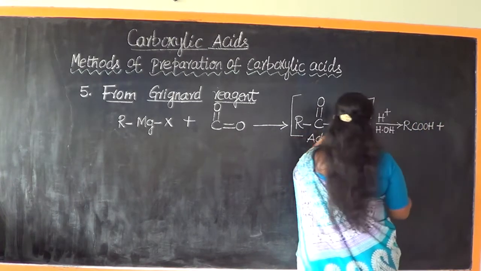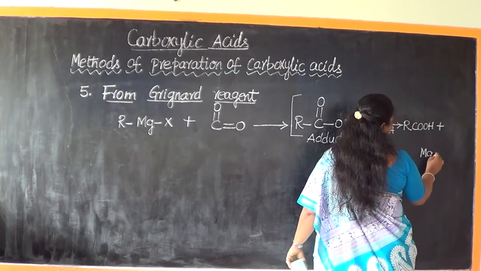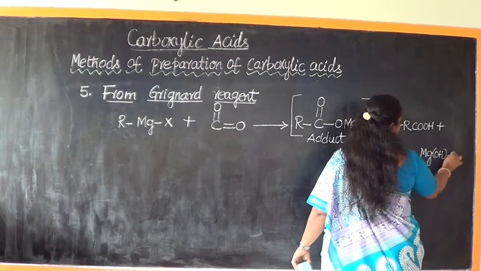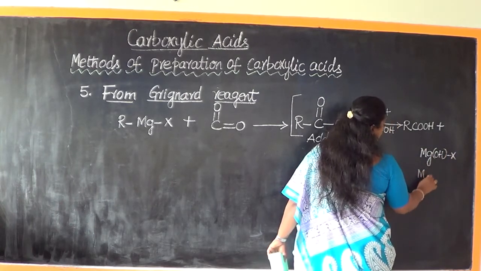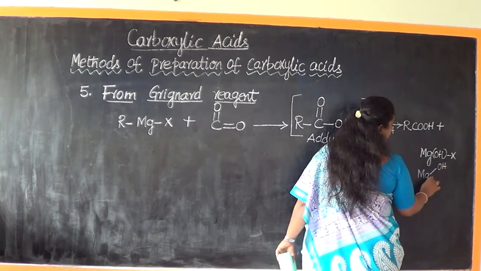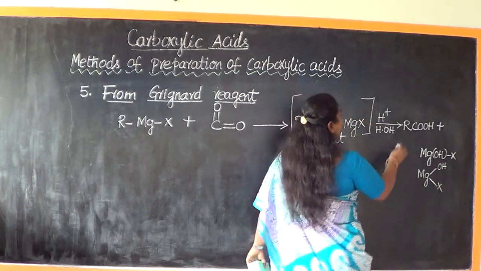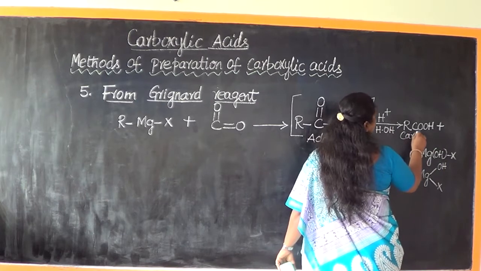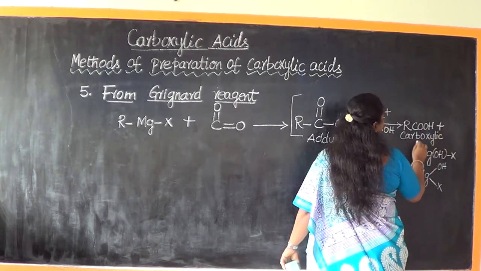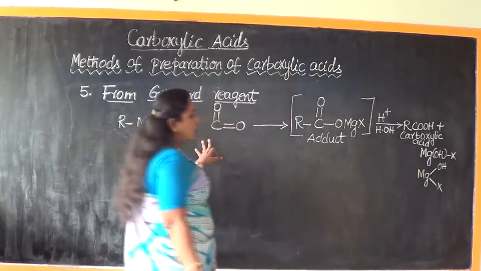Along with this we have an addition compound, I'll write it below: MgOH and then X. How will this be actually? One side of Mg is attached with OH and the other side with halogen. So we obtain carboxylic acid from Grignard reagent by treating Grignard reagent with carbon dioxide.